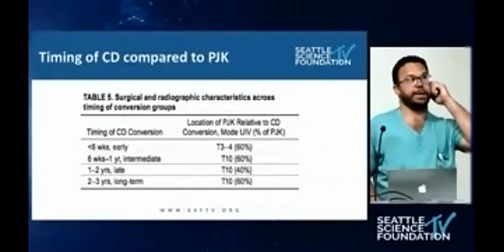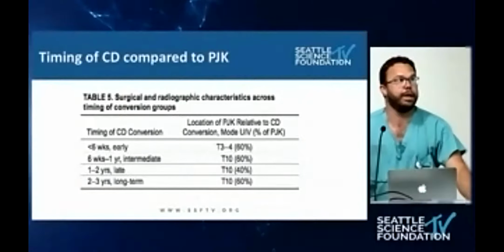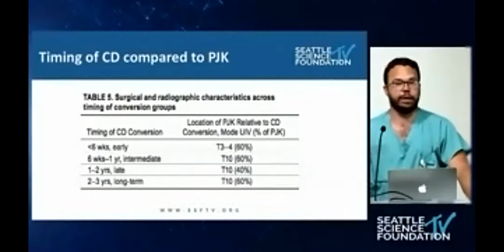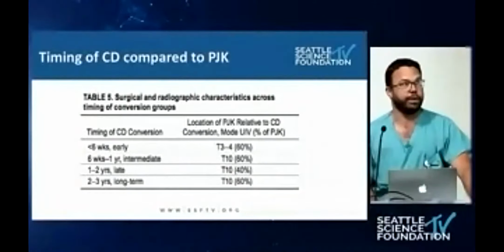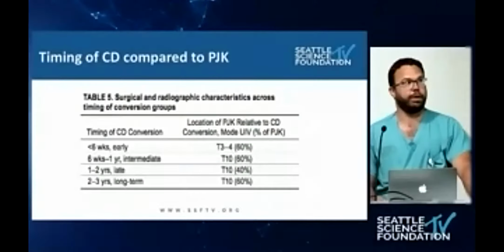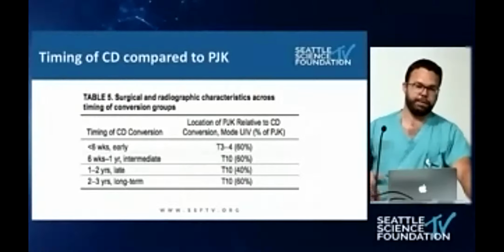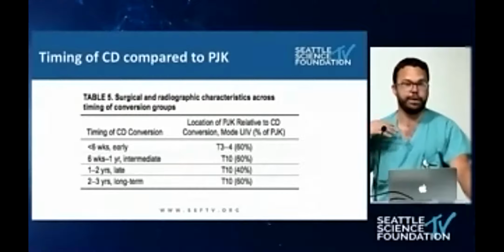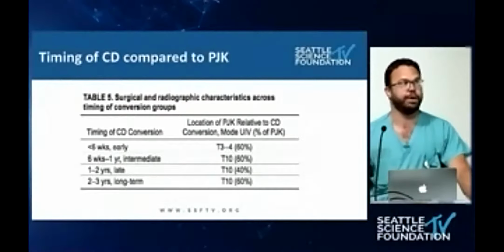And then as I was saying before about the revision rates, they looked at the most likely level of the UIV based off the timing of the cervical deformity conversion. And at less than 6 weeks, the early patients was T3 to 4, which I think makes sense that if you completely fuse somebody from T3 to the pelvis, there is going to be some sort of compensatory mechanism in the neck that could cause deformity.